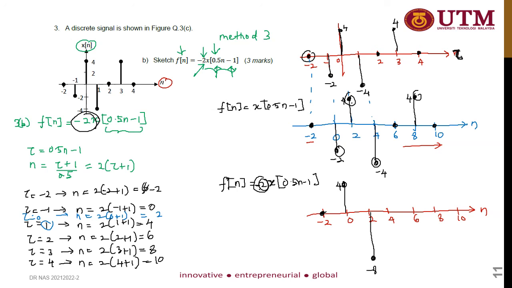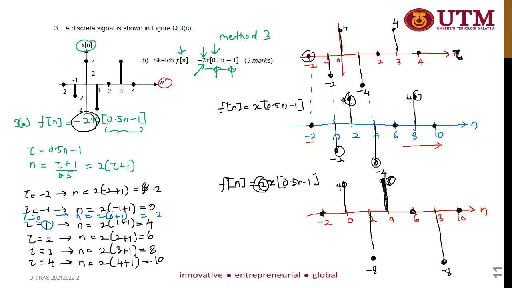Right, at 4 it's -4, multiply with -2 is +8. Okay, please draw this accordingly, but due to this limitation, I just put the magnitude as 8 here. Okay, at 6 is 0, and at 10 also 0, and then at 8 is 4, multiply with -2 is -8.